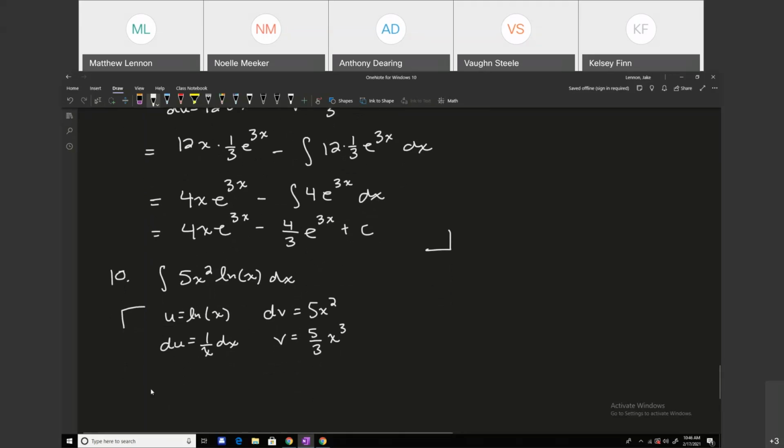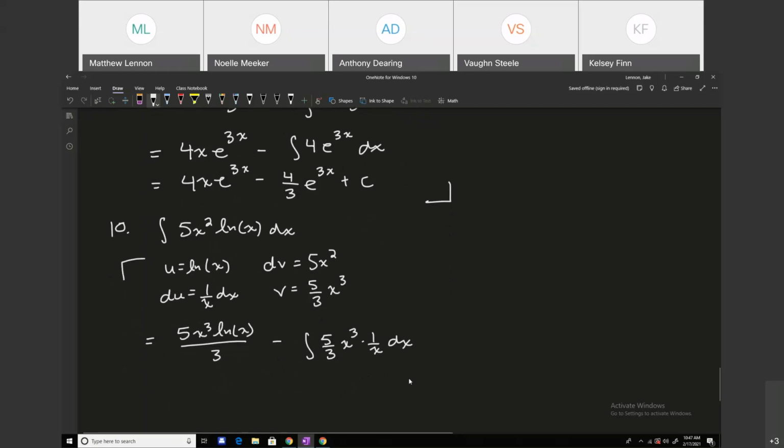So then our integral, we do u times v, so we have 5x cubed natural log of x divided by 3 minus the integral of v times du. So we're going to have 5/3 x cubed times the 1 over x dx, and you'll be able to cancel one of the x's there.